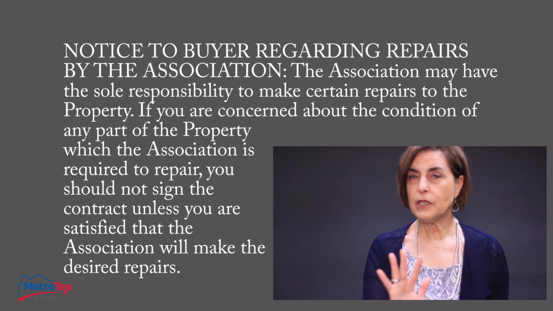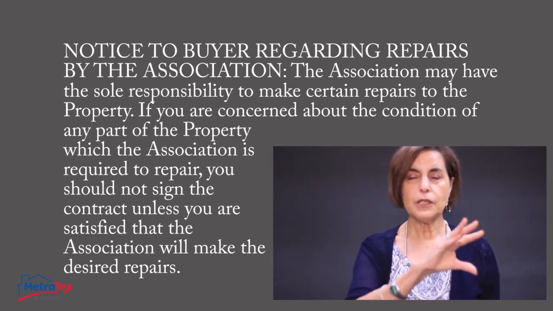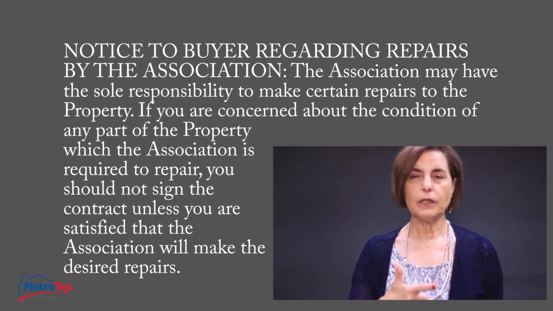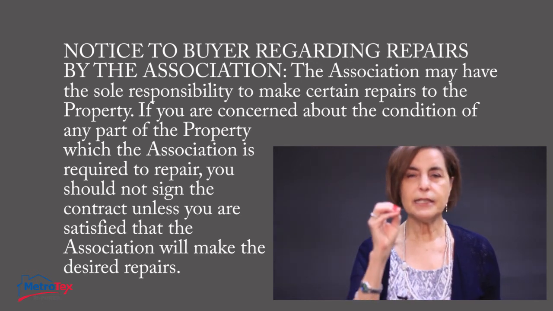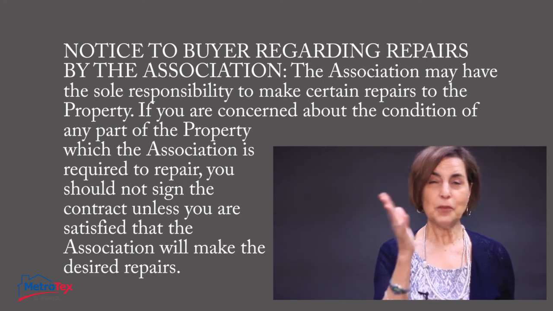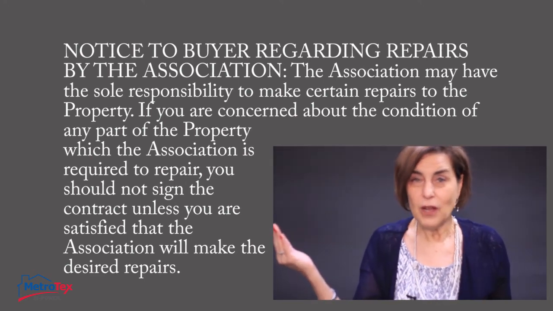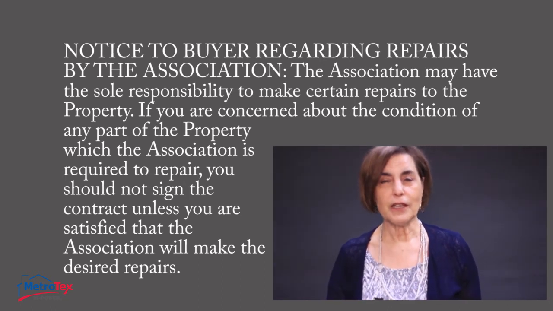But I would suggest that you find out exactly when they're going to do it, so that the association has agreed to paint the rotted wood or fix the balcony or whatever it is that you wanted them to do, and a date specific that it will be done. Because otherwise, just because they said it was going to be done, could be 7 years from now for all I know, right? So you might want to be a little more specific with the homeowner association at that point.